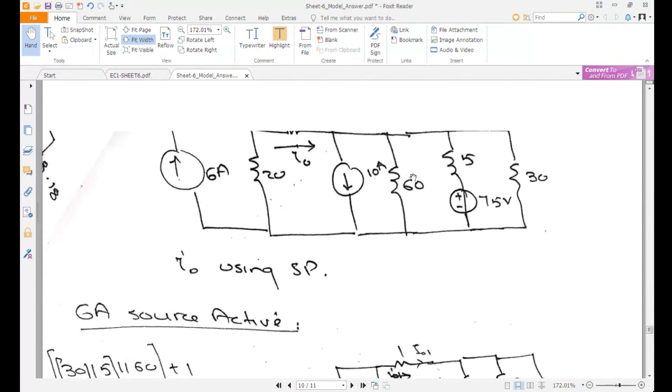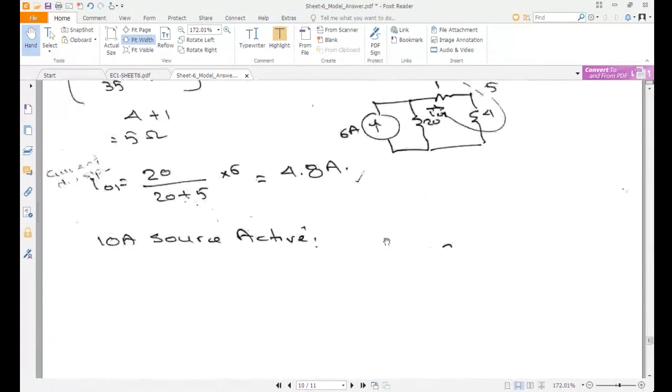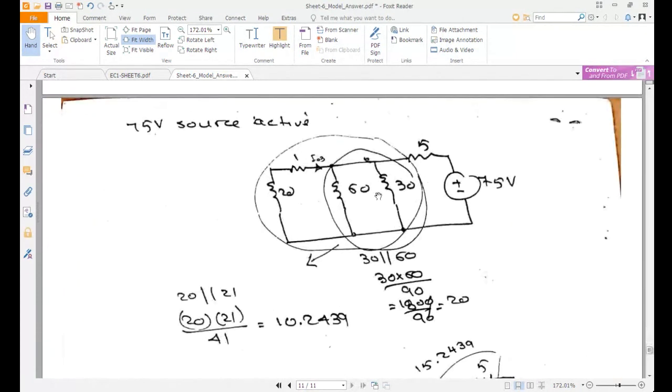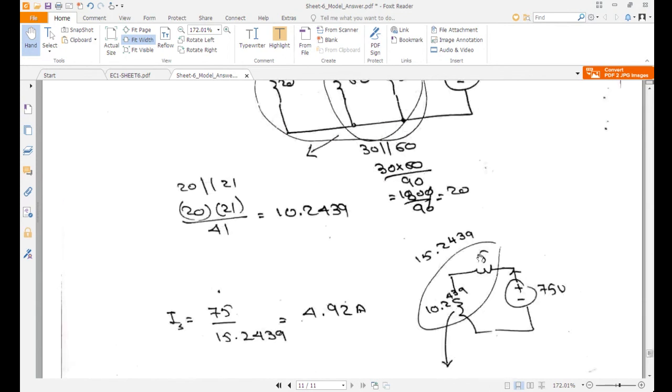The same 30. So this 30 is parallel to 60, that is 20, and these two are series, 21, and 20 and this 21 are parallel. You will get finally 10 plus 5, 15 point.